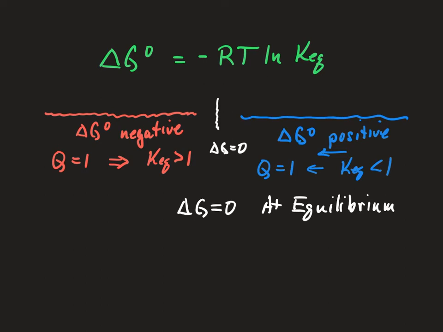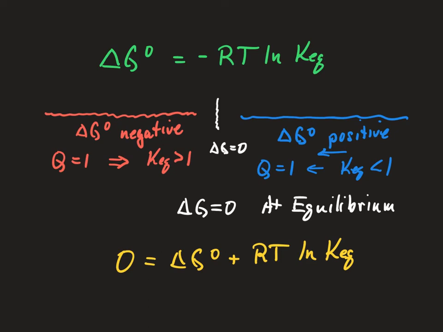So if we rearrange this equation just a little bit, we can get that 0 is equal to delta G0 plus RT times the natural log of the equilibrium constant, right?